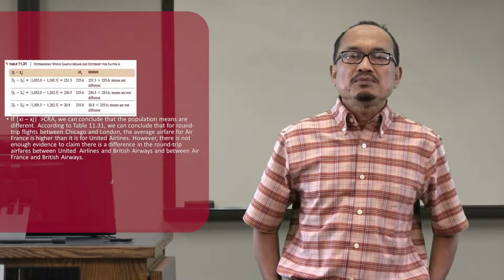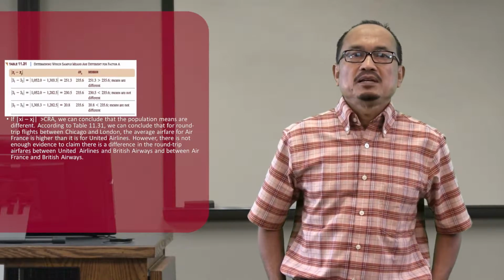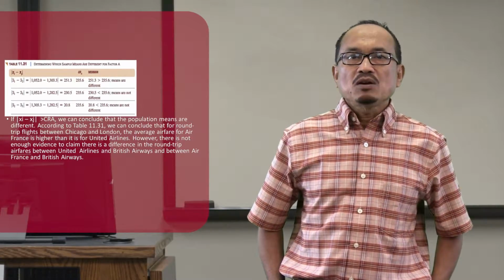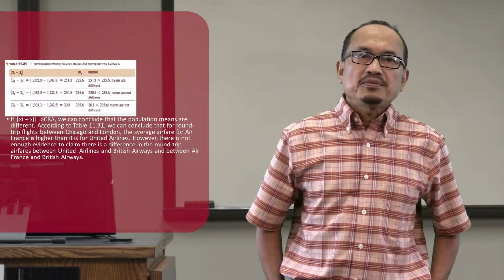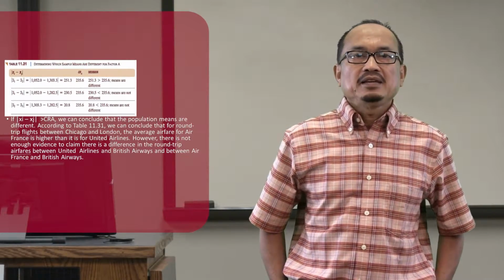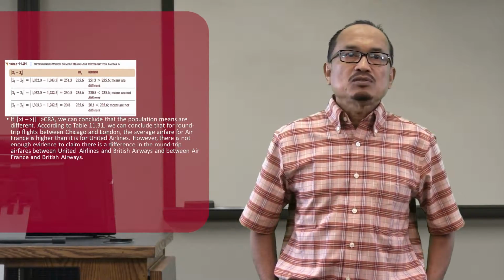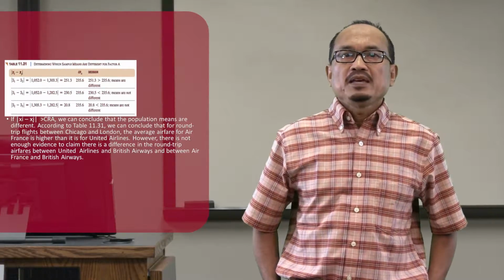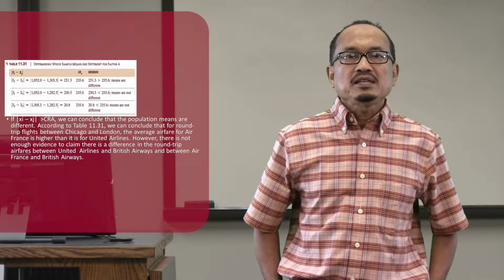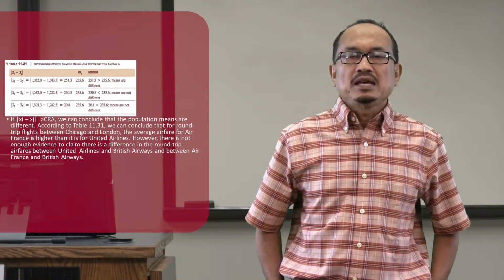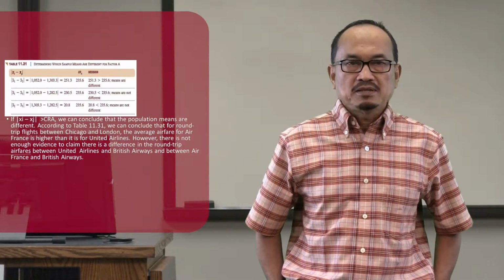According to Table 11.31, we can conclude that for round trips, flights between Chicago and London, the average airfare for Air France is higher than it is for United Airlines. However, there is not enough evidence to claim there is a difference in the round-trip airfare between United Airlines and British Airways and between Air France and British Airways.